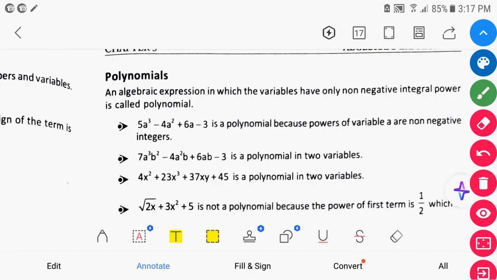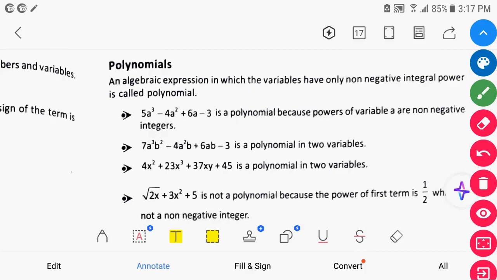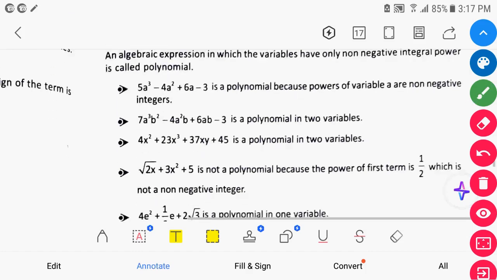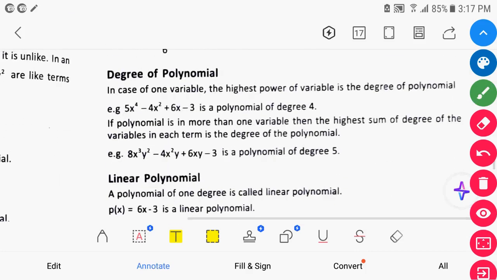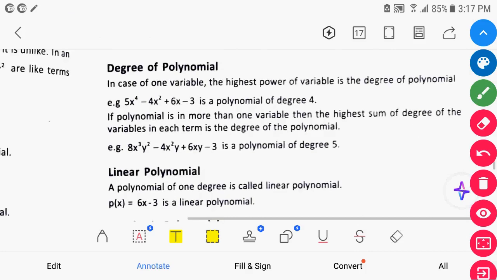A polynomial has multiple terms, but a non-negative integral power should be there. In the exponent chapter we see the power of the variables, so the power should be non-negative. Now, degree of the polynomial means what?